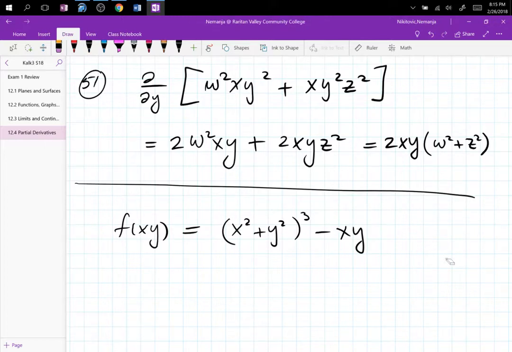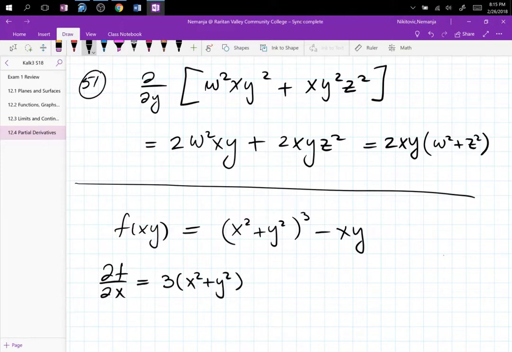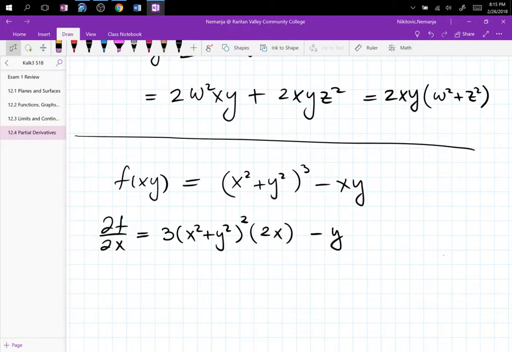Now let's take a look at the partial with respect to x in this case. So we clearly have 3 times (x squared plus y squared) squared, and then times the derivative of the inside, which is partial of x, so it's 2x, and then y squared just dies. And then minus, partial of x is just y. Do we all agree on this derivative? You have a cube goes down, becomes squared, derivative of the inside goes out, and then minus, right?